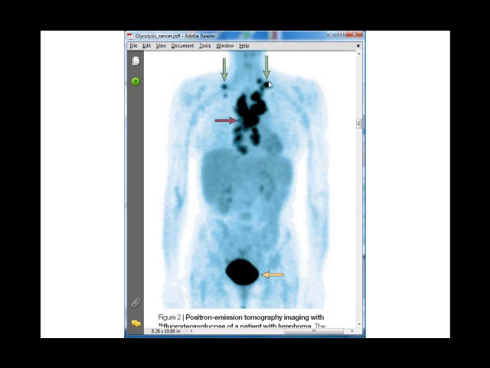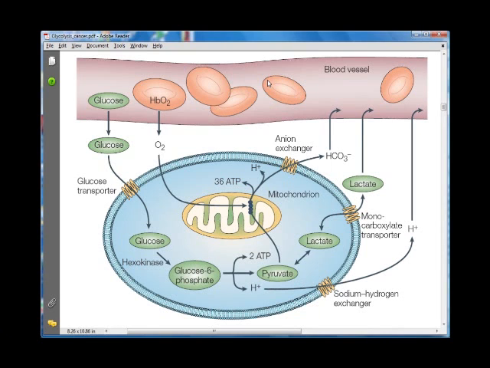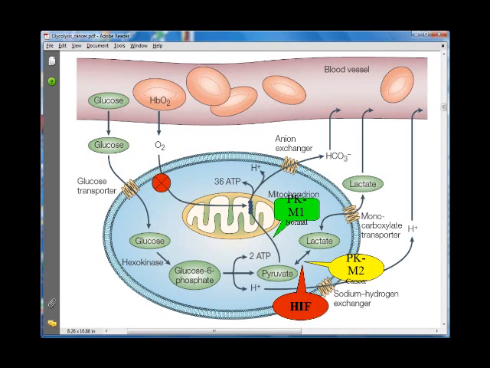And because it has spread to the lymph node, you can see it highlighted there too. So this picture verifies the previous slide. This is true, and cancer cells really love glucose. So whatever you eat, soft drinks, noodles, rice, you just feed the cancer cell.